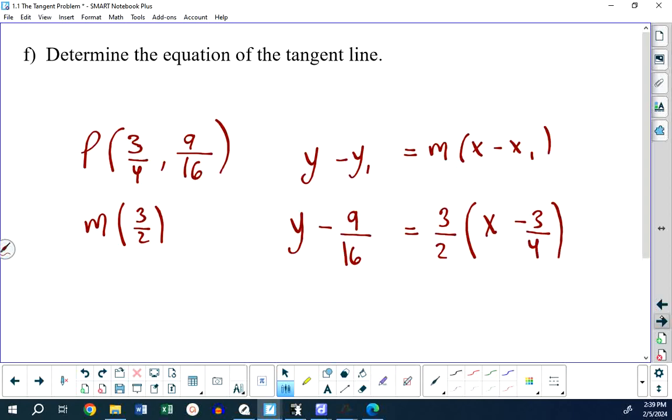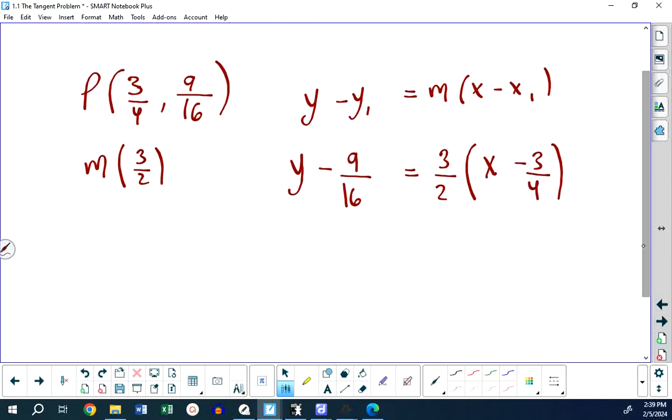Let's talk about some basic math here. If you decide that you're going to multiply both sides by 16, you're going to get that.